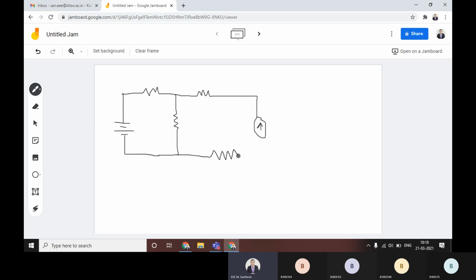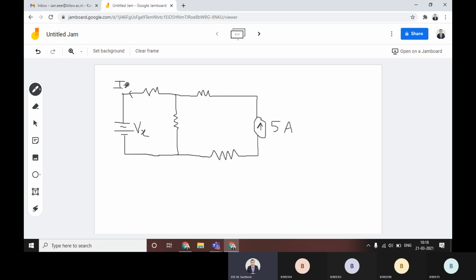There is a resistance here, and this current source is 5 amperes, and this voltage is Vx, and the current because of this one is given this way.